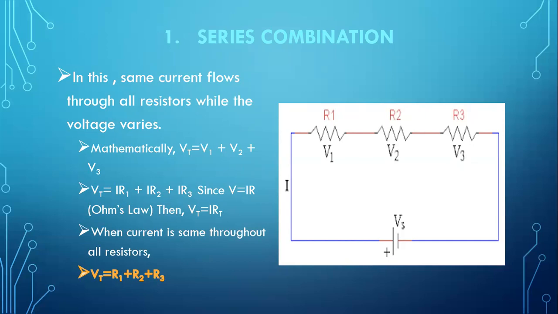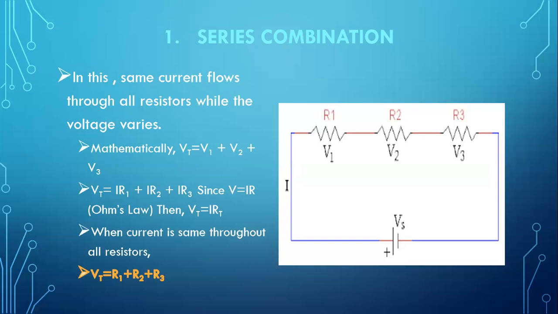Why has it changed like this? Because Ohm's law says that V equals IR. Since V equals IR, where there is V1, you're going to put I R1.